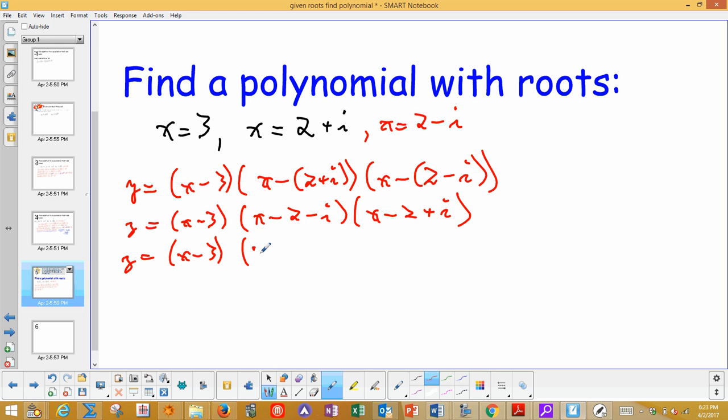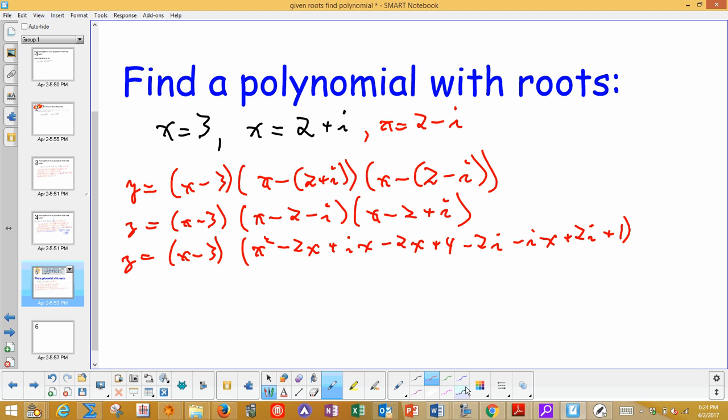So x times x is x squared, x times negative 2 is negative 2x, x times i is ix, negative 2 times x is minus 2x, negative 2 times negative 2 is plus 4, negative 2 times i is minus 2i, negative i times x is minus ix, negative i times negative 2 is plus 2i, negative i times i, remember i squared is negative 1, so this gives me a plus 1. It's because it's a minus a negative 1.